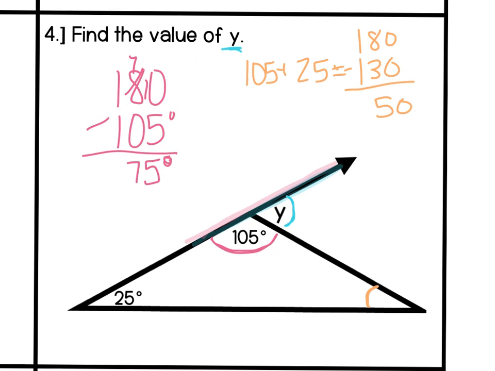And if this angle is 50, then 50 plus 25 is 75. So I know I got the correct answer because those two interior angles equal the exterior angle.